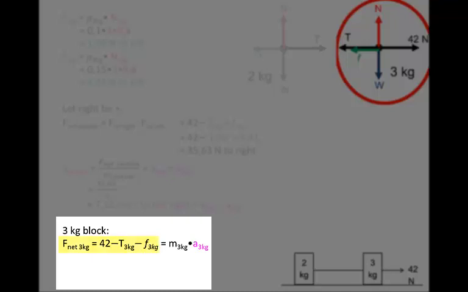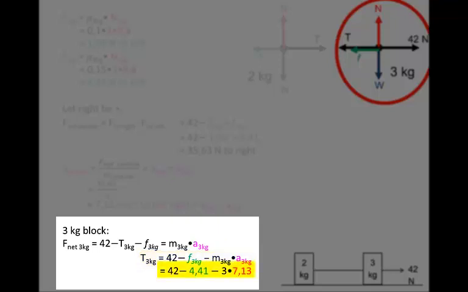And that net force causes an acceleration, and the relationship is given by Newton's second law, F net is equal to ma. So we rearrange this to make tension the subject of the formula again, and we substitute values in, being careful to substitute values related to the 3 kilogram block, because that's what we're isolating and looking at now. So those are the values we should substitute.